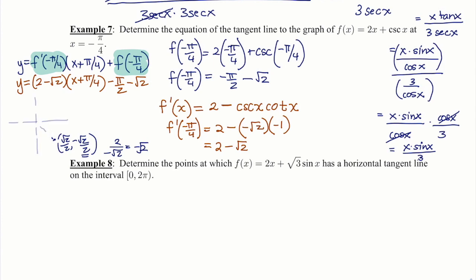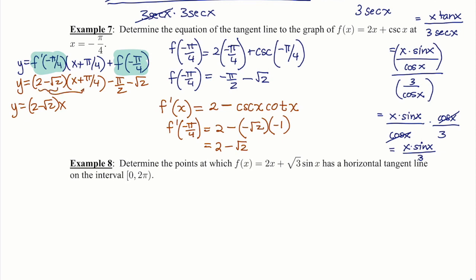Let's work on that. I'm just seeing it looks like a pi over 2 and a negative pi over 2 that might cancel out. So let's do this. I'm going to leave 2 minus square root of 2 times x, because that's going to be the slope. So the slope times x. And then I'm going to distribute this 2 minus square root of 2.